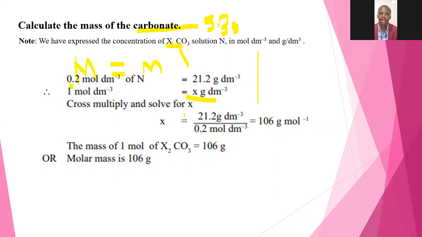If we leave alone the other one, there is a formula that says that molarity is given by grams per liter over relative molecular mass. The molarity of this one we had calculated already.